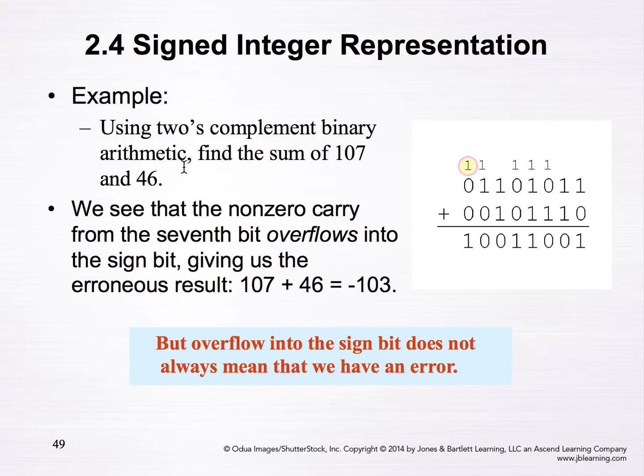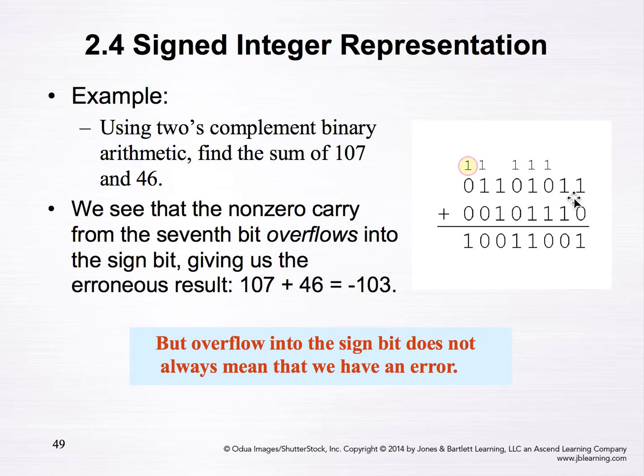For example, using two's complement binary arithmetic, we find the sum of 107 with 46. These are two positive numbers, so in two's complement representation we just use the binary string to represent the two numbers.